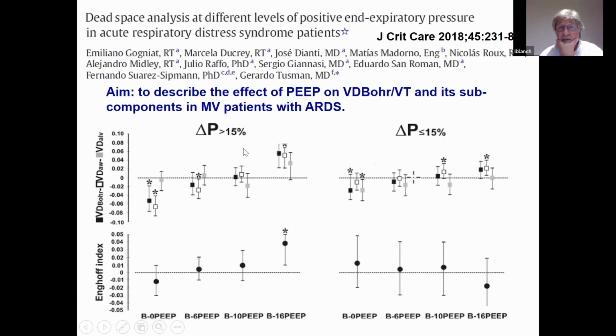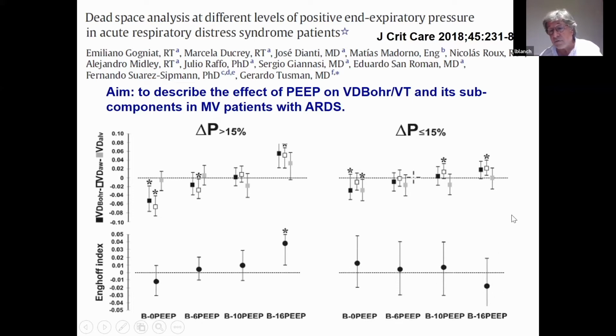And it is interesting because when, as an effect of increasing PIP, the driving pressure increases more than 15%, the driving pressure is not decreasing, the lung is more overdistending than recruiting, and there is an increase, as you will see, in the Enghoff index of dead space. And when the driving pressure increase is less than 15%, probably we are recruiting, and there is a tendency to improve the dead space.